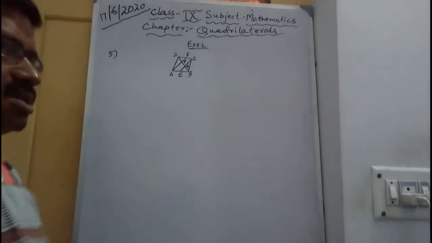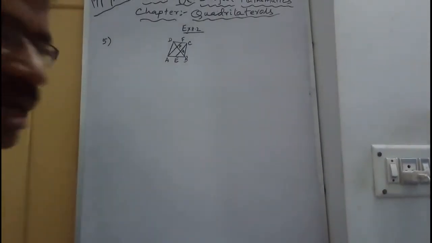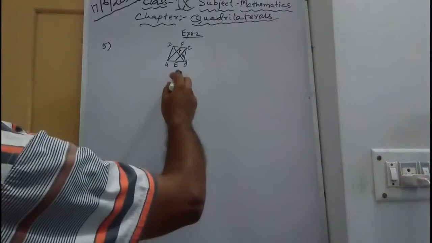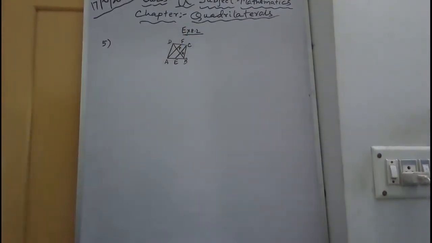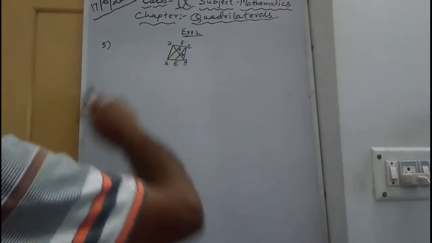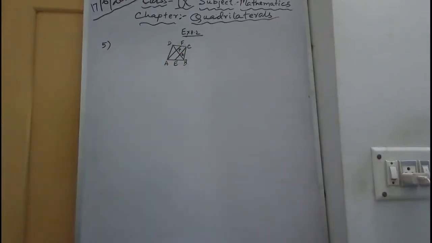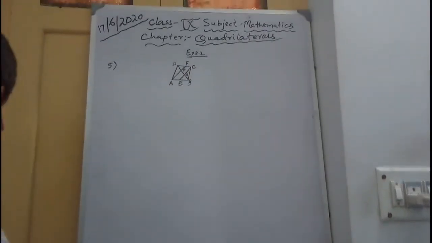Sum number 5. In this question, ABCD is a parallelogram. E and F are the midpoints of AB and CD. BD is a diagonal.